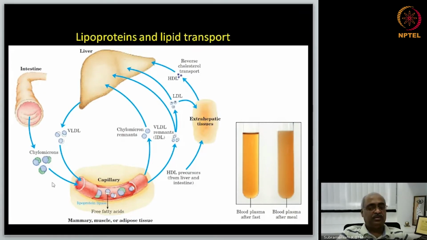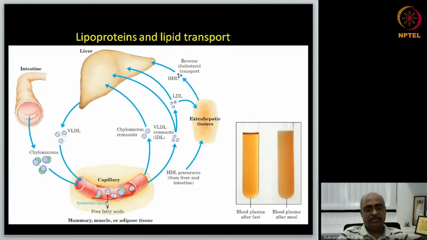The first point is we start with these two, chylomicron and VLDL. Chylomicrons transport dietary lipids to other tissues. It carries them in the blood and that activates a lipase.